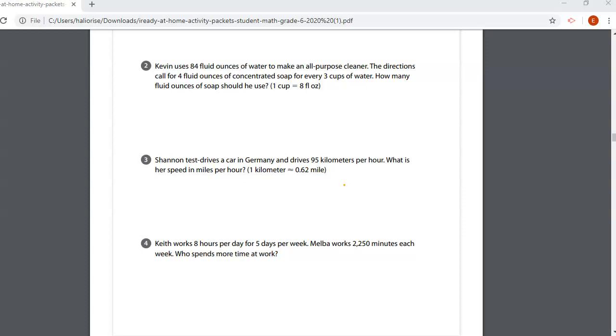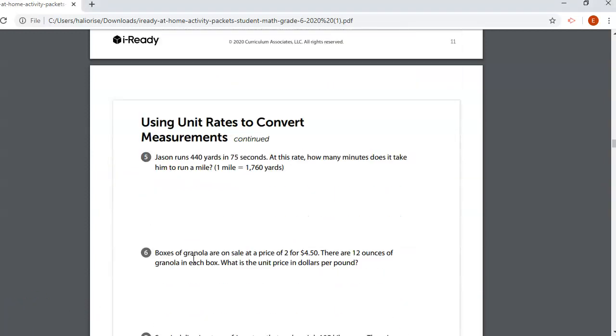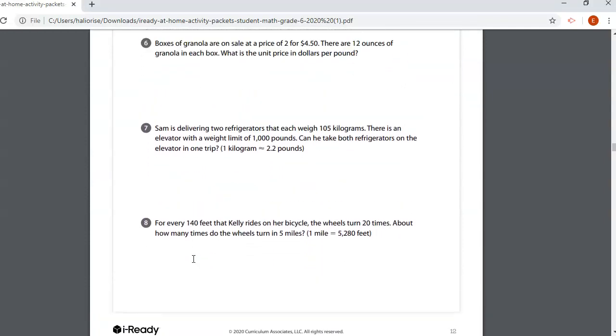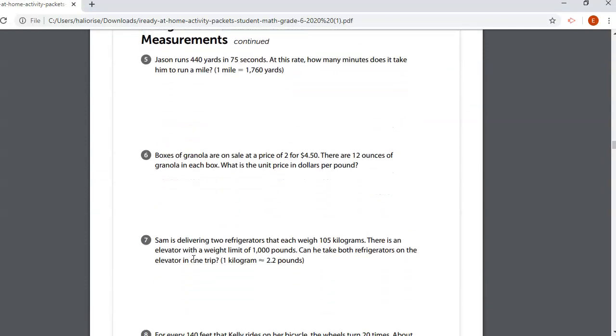So you have to do 5 to 8 also. And these, you might have to take a couple steps, kind of like we did with number 2.